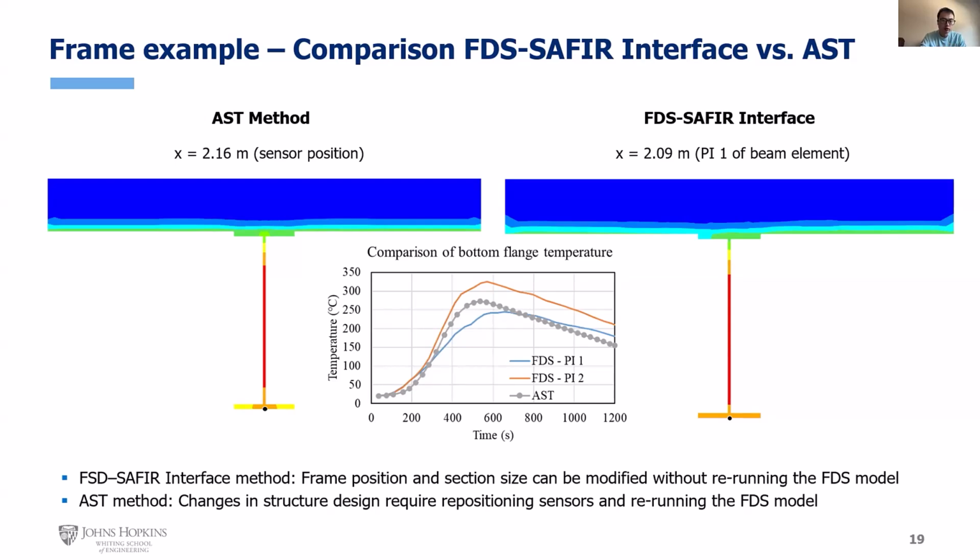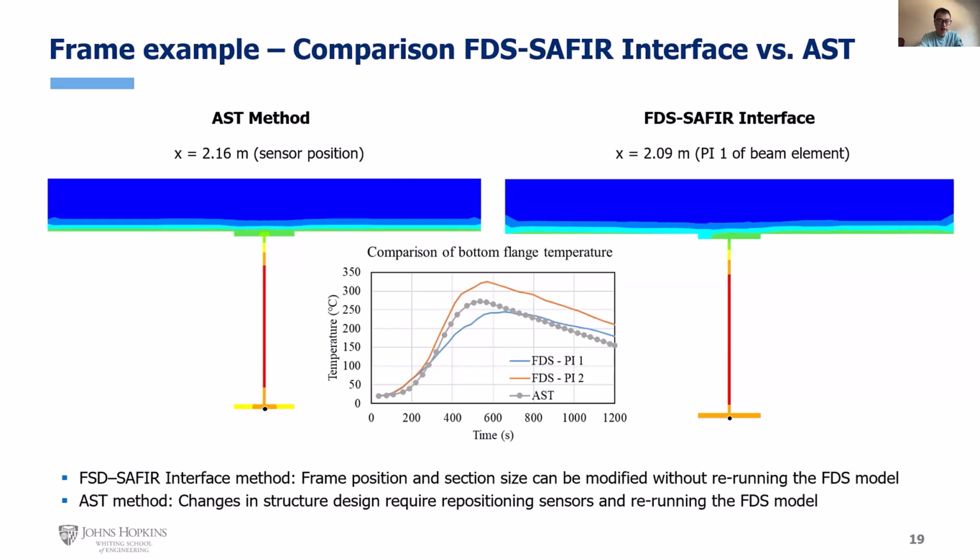In summary, I want to quickly discuss the advantage of the interface method. Once we obtain the radiation file, the CFD text file, from the FDS model, we can change the position of the frame, and we can change the section size, and then rerun the thermal analysis and the structural analysis.